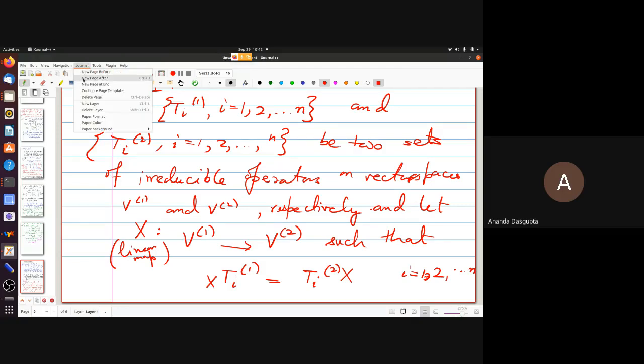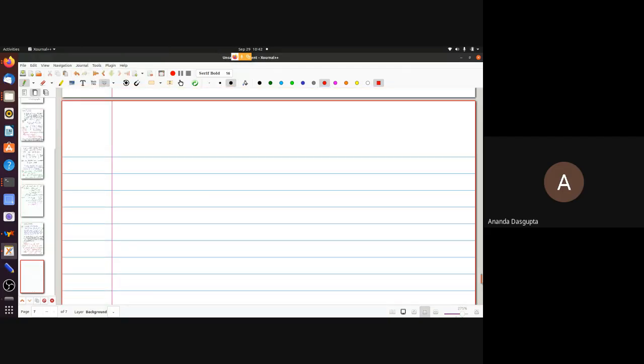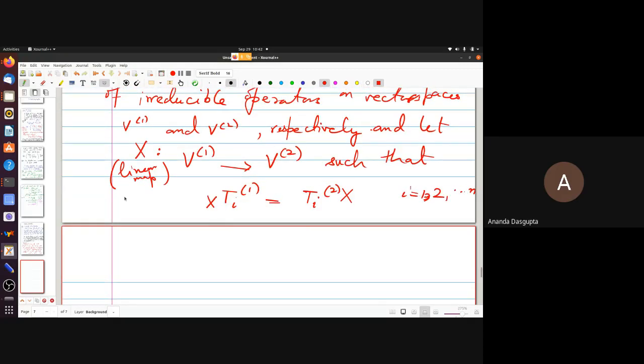Let's go on to the next page. Then, before I state what the lemma is, let me just depict this pictorially a bit. Suppose this is a pictorial representation of your vector space V1. This is V2. And let's say I have an element here.